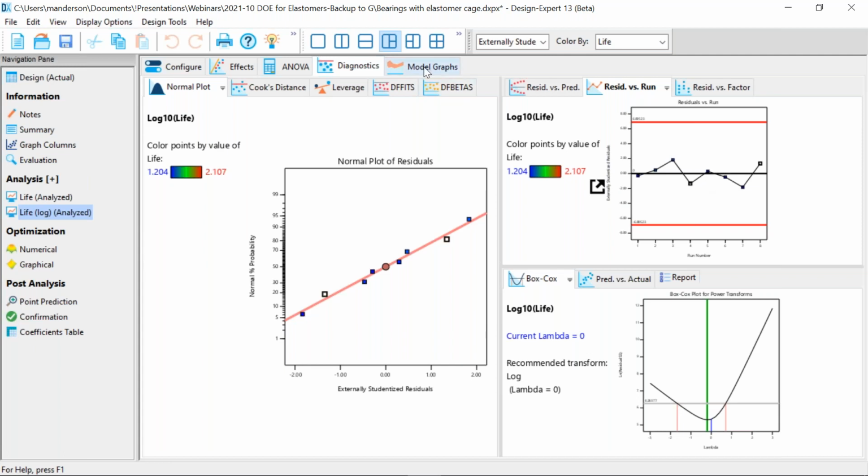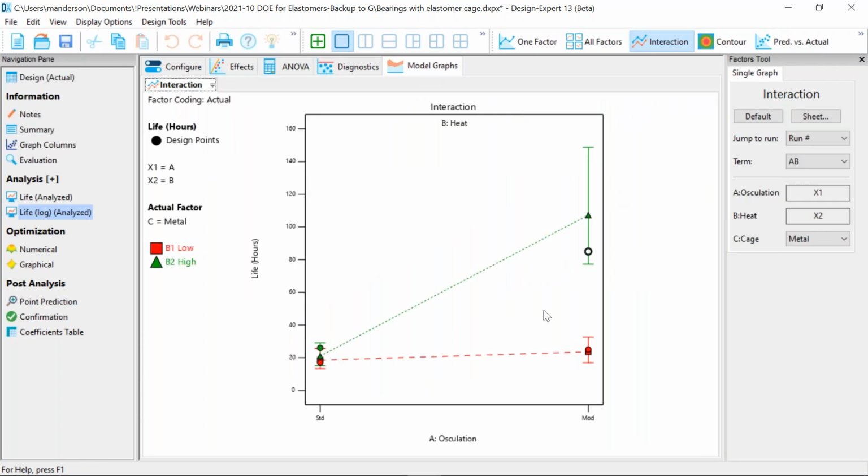So that's the end result then, and you can look at this model graph interaction, and you can see that the effect of the oscillation, which is a kiss of the bearing to the cage, when oscillation is changed at the low heating level, it makes no difference, as you can see by the overlapping least significant difference bars on this red line.